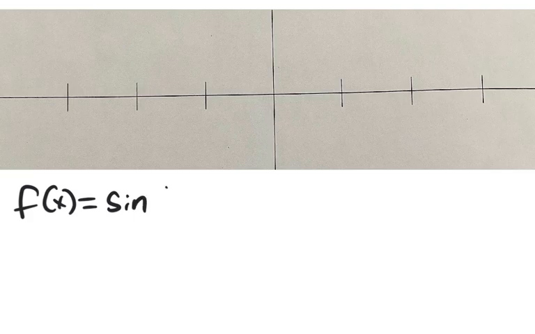So we're going to discover both of these graphs and where they come from, and then we're going to look at some transformations from them from there. So we're going to start with the graph f of x equals sine of x.